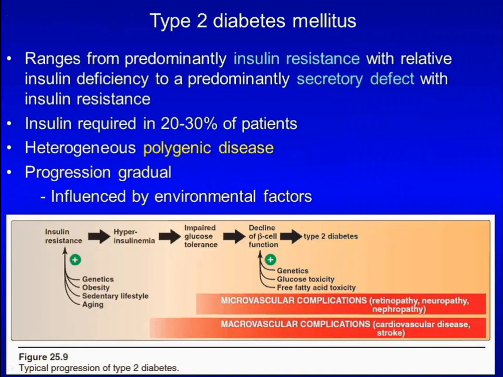It ranges from predominantly insulin resistance with relative insulin deficiency to a predominantly secretory defect with insulin resistance. This coincides with progression of this disorder.